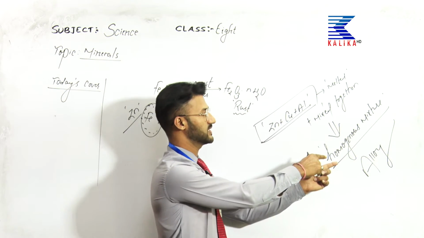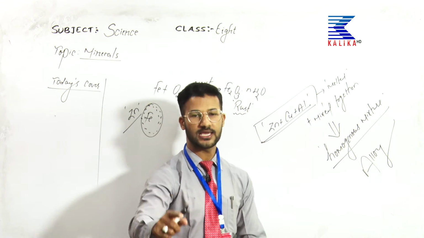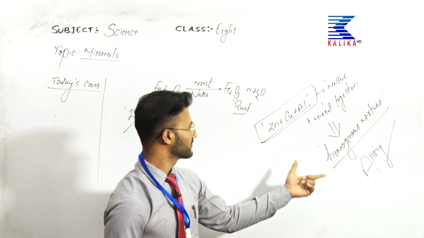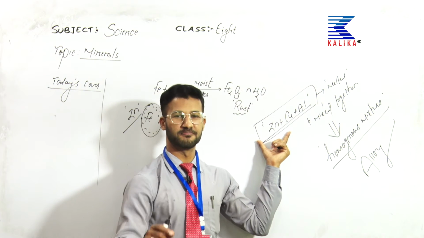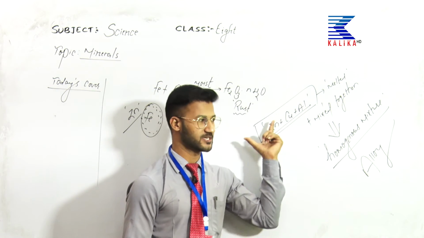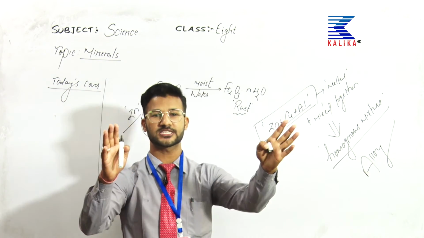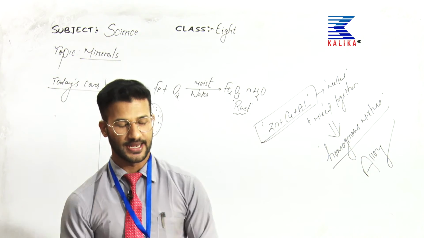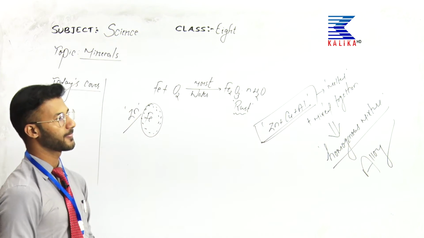But their combination that results in alloy may be brittle. So zinc is one of the most important components used to make alloy, because it hardens the nature of the substance that forms at last.